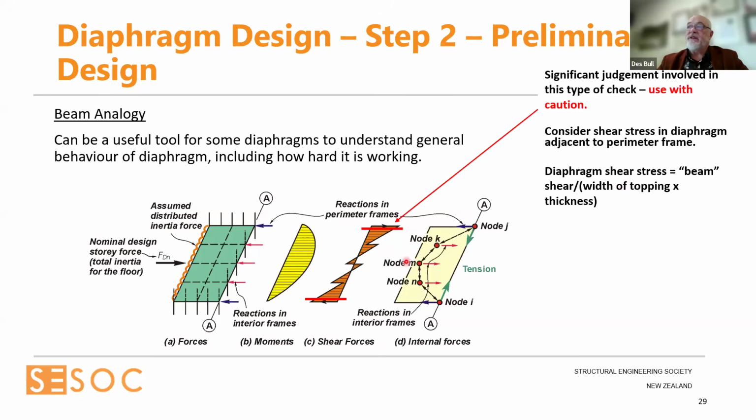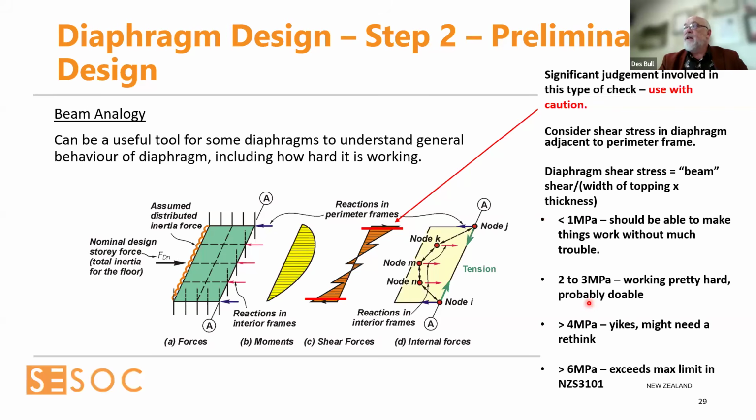Consider the shear stresses at those locations. Simply the shear force divided by the thickness of the floor by the length of that interface, the beam depth in effect. If you've got 1 MPa as a nominal stress, V upon bd, you probably won't have too much of a problem getting it to work.